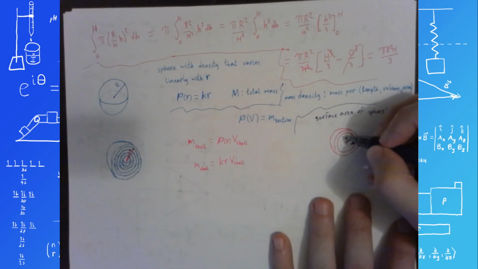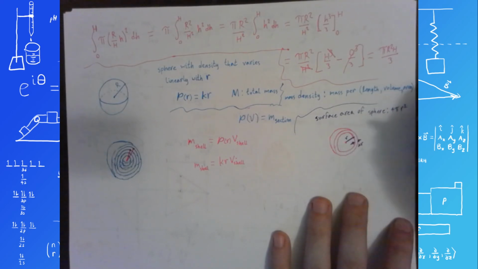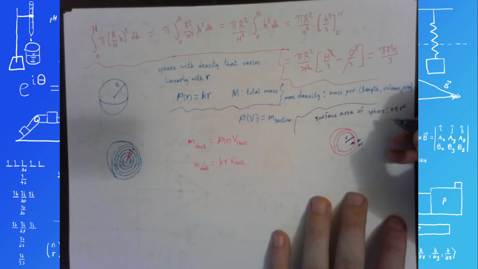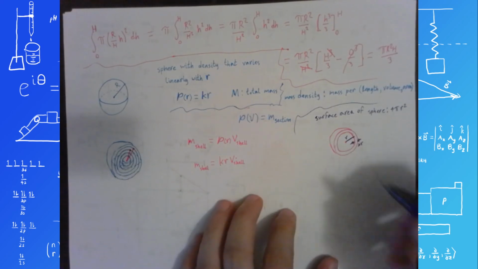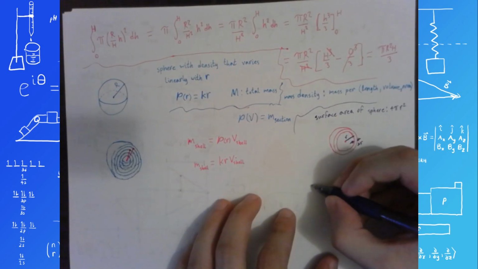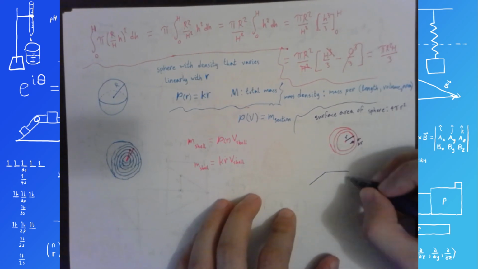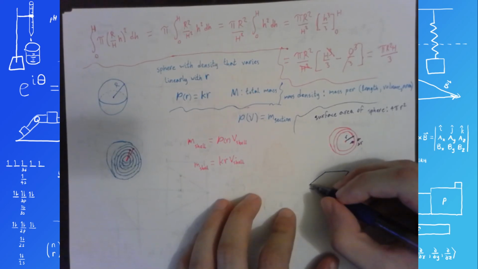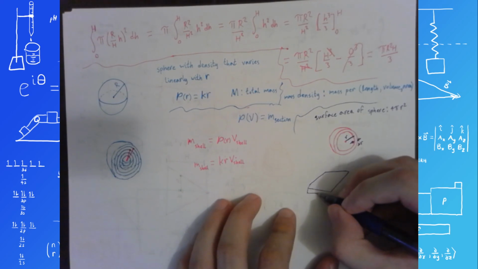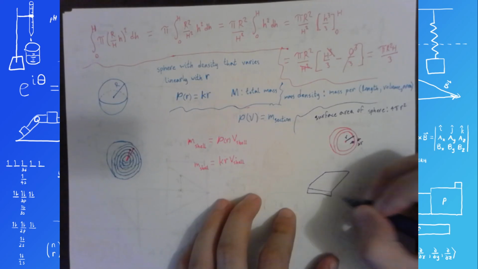If I take the surface area of a sphere and multiply it by its thickness, that should give me the volume of a shell, or at least the approximate volume. This is kind of the same logic as if I take a brick, or maybe not a brick, but like a thin tile of whatever shape.